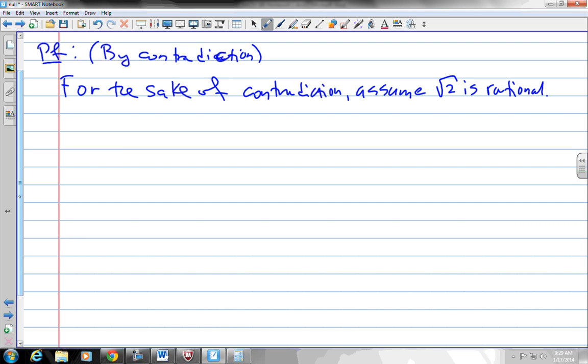But so let's just go with that. If square root of 2 is rational, by definition, it means that we can express it as a ratio of 2 integers. That's what it means for a number to be rational, right? So therefore, there exist, let's say, numbers n and m, both integers, so that square root of 2 equals n over m.